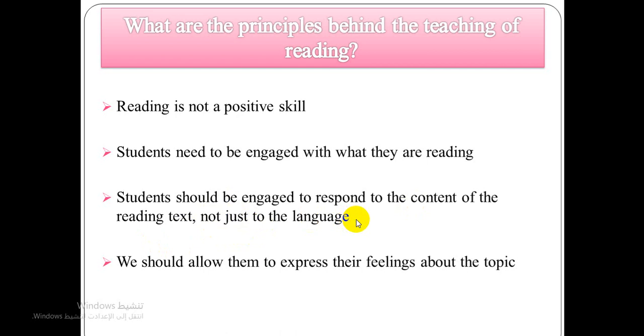So it is very important to study reading text for the way the language is used, for example, the number of paragraphs they contain, relative clauses, linking words, etc. But the meaning, the message of the text is just as important, and we must give our students a chance to respond. We should allow them to express their feelings about the topic.